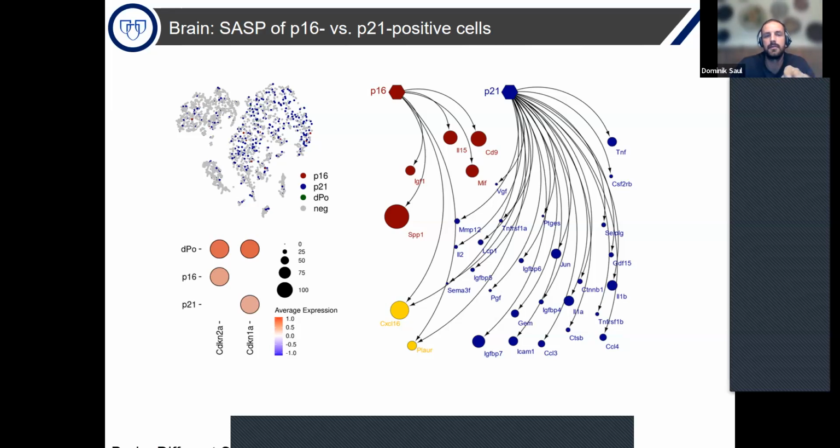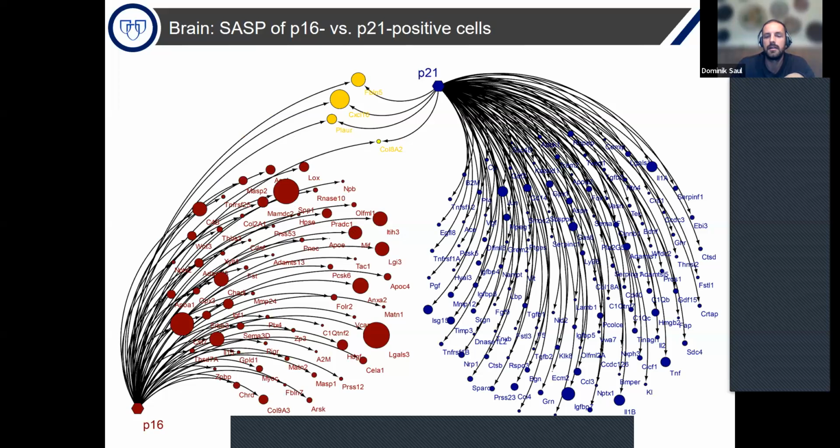Next, we used a different gene list because someone might ask the question, well, maybe SenMayo is just biased towards p21 positive cells, which is why you see so many factors coming from there. But we used a different gene set that focuses on all secreted factors that were described and experimentally validated, which is altogether around 900 something genes.